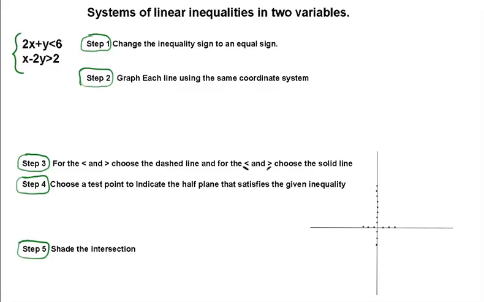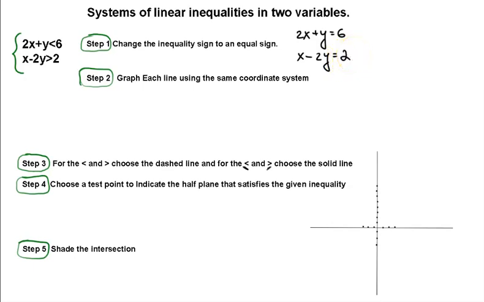There are a few steps I'm going to go over. In step one, you'll need to change the inequality sign to an equal sign. So that would be 2x plus y equals 6, and x minus 2y equals 2.